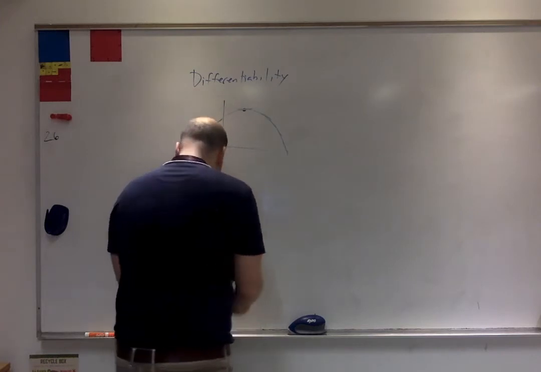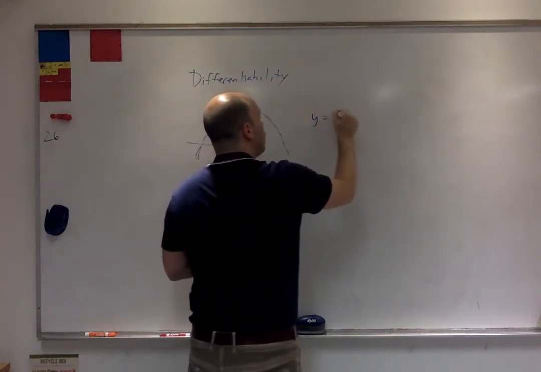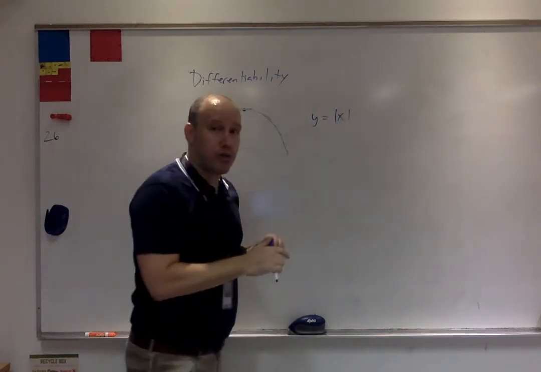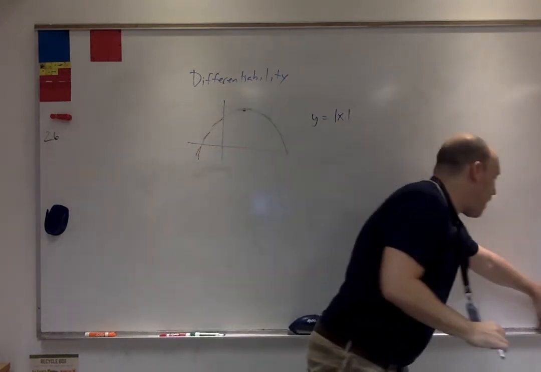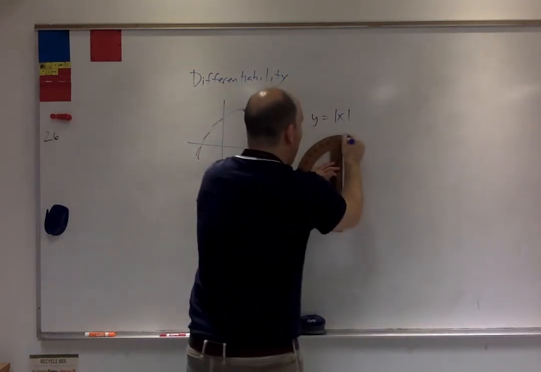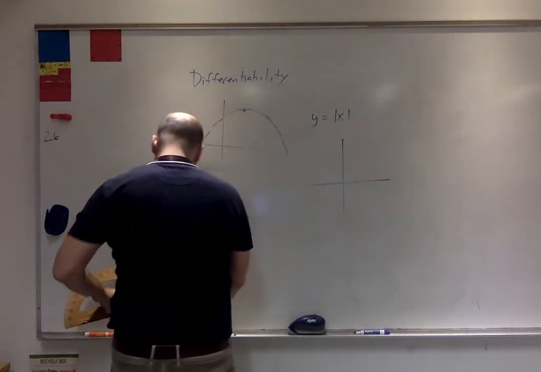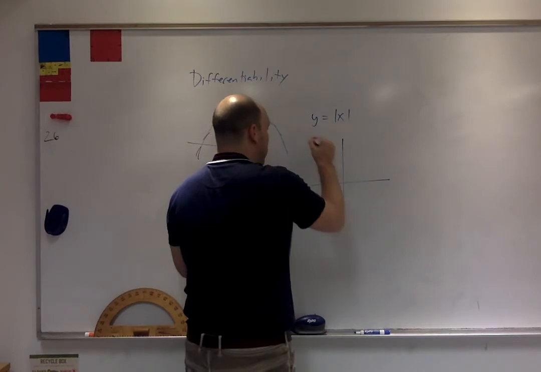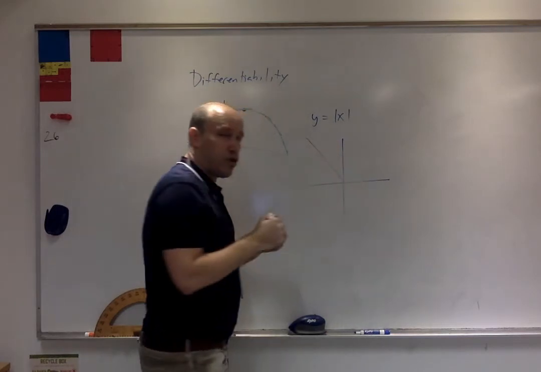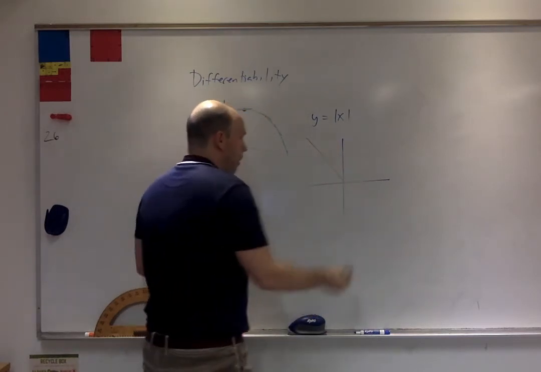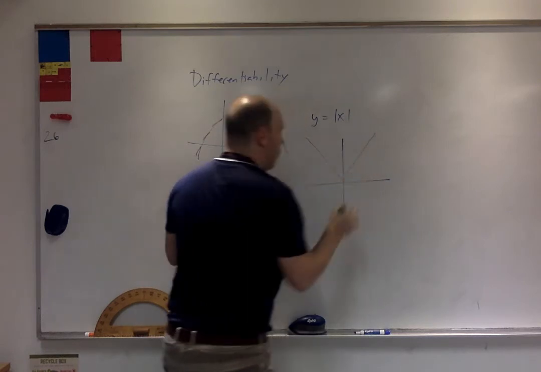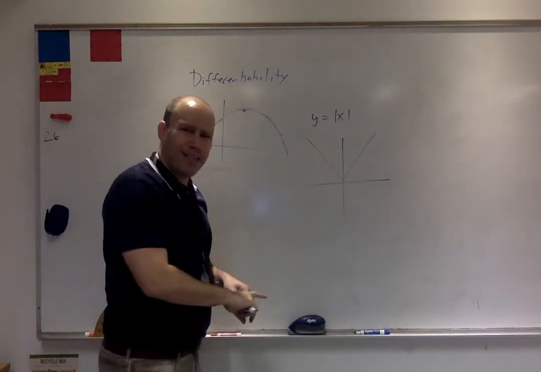Well, let's take a look at the graph of y equals absolute value of x. Let me use my green and red surfboard metaphor. Here's my red surfboard from the left. Here's my green surfboard from the right. What happens when they get to 0?